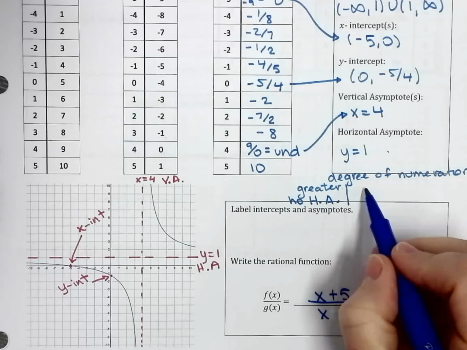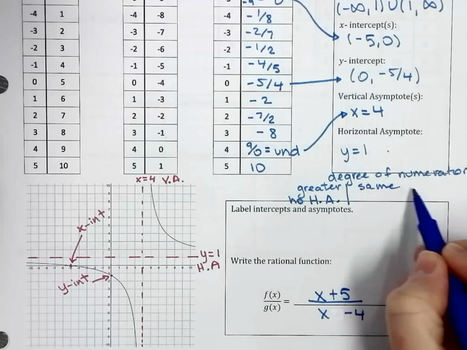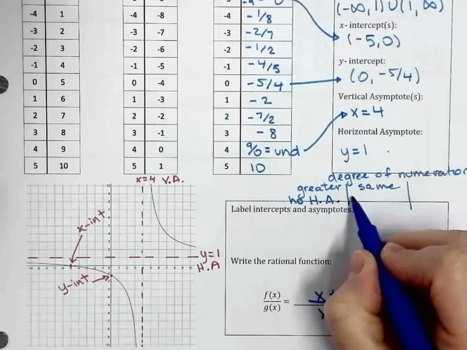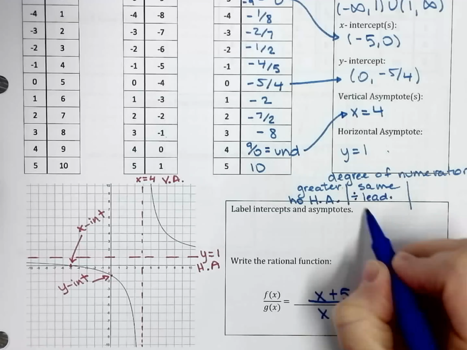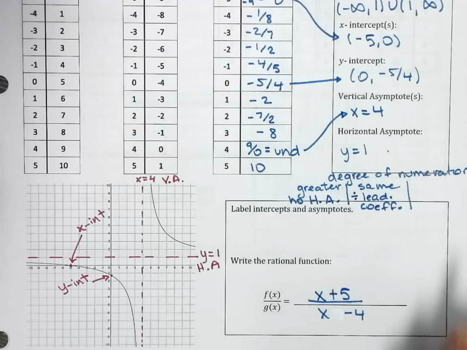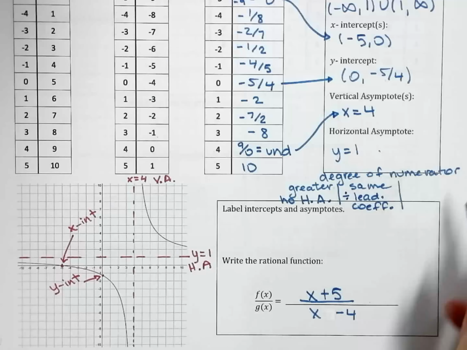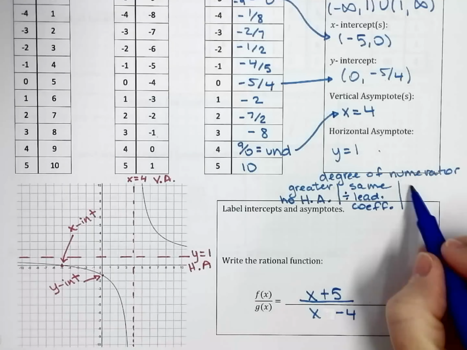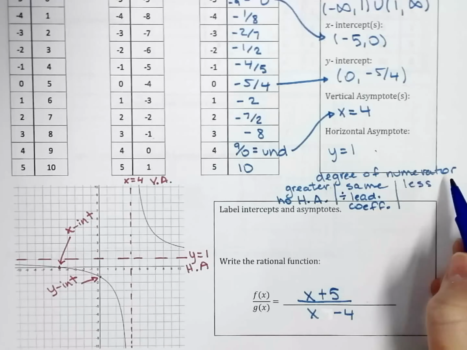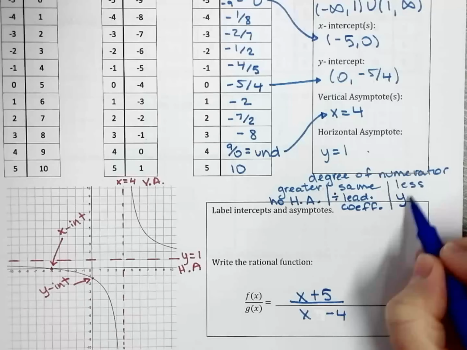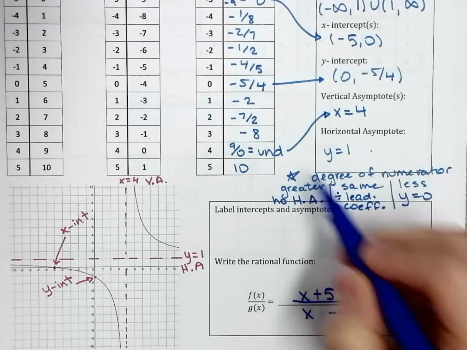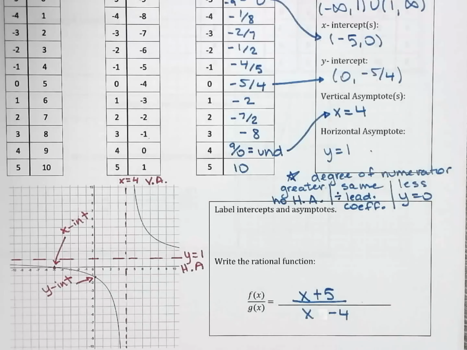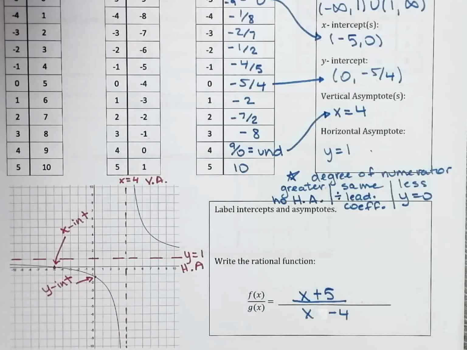If the degree of the numerator and the denominator are the same, then you divide the leading coefficients. If the degree of the numerator is less than the degree of the denominator, then y equals 0. I'm going to refer back to this cheat sheet on the next pages. I'm going to let it sit right there for a minute so you can copy.